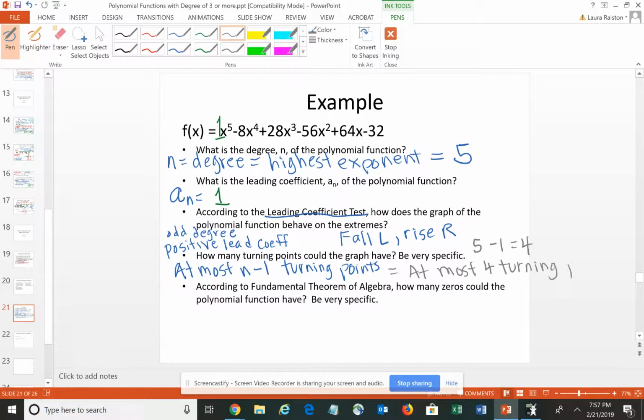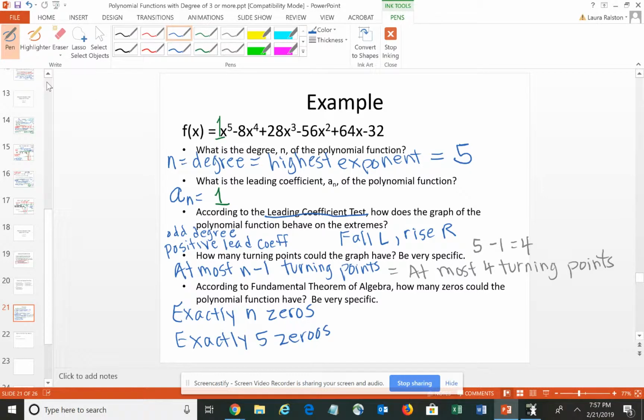Remember, at most means it's going to be 4 or less. Then it says, according to the fundamental theorem of algebra, how many zeros could you have? Remember, the fundamental theorem of algebra tells us that there's going to be exactly n zeros. So in this case, we would have exactly 5 zeros.